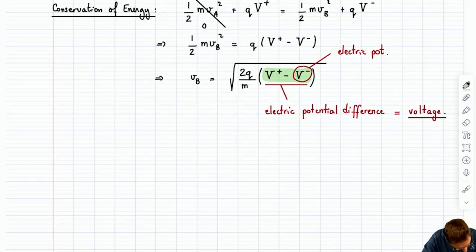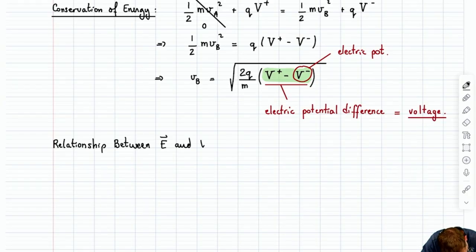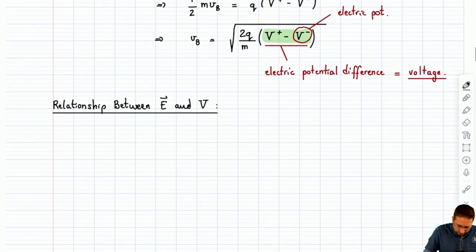So this is the relationship between E and V. Now, this is the most butchered formula in physics AB of all time. It doesn't matter which semester you look at it.